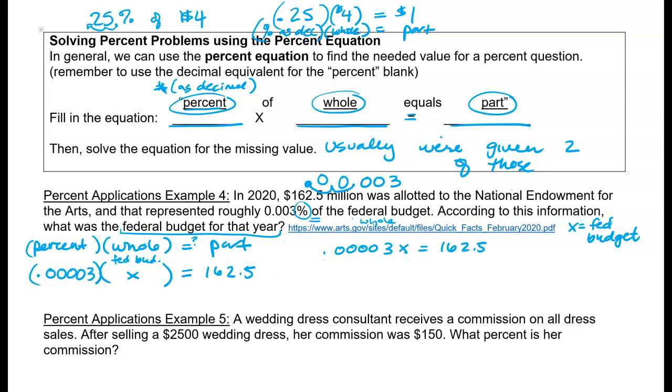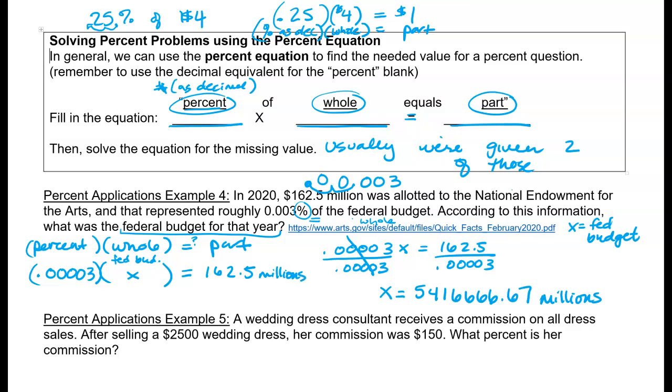To solve for X, I'm going to divide both sides by 0.00003 because it's the opposite of what's being done. It undoes this multiplication, and when you take a number and divide it by itself, that becomes 1. And if we do it to the left, we've got to do it to the right. So if you take a calculator and divide 162.5 by 0.00003, you end up getting 5416666.67, and that's in millions, because we were told the 162.5 was in millions.